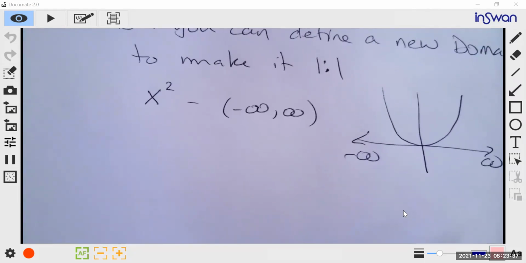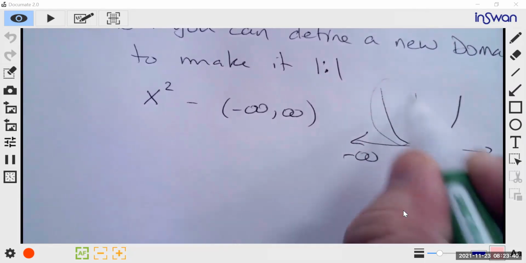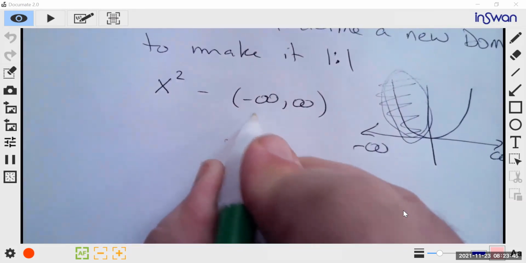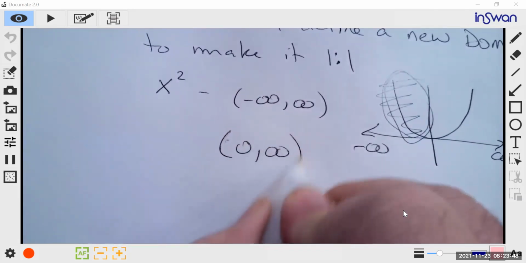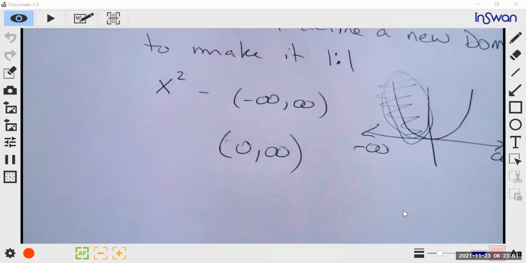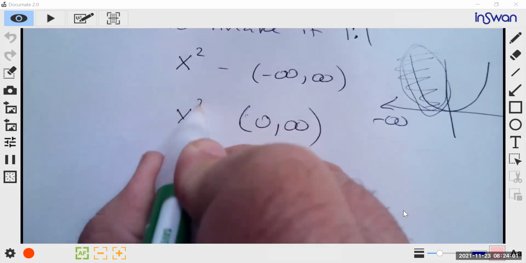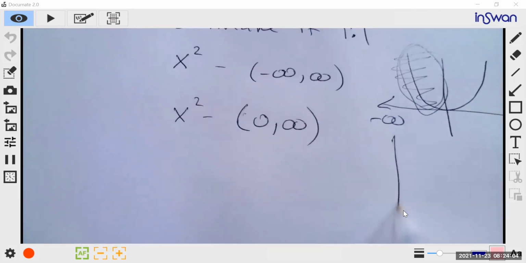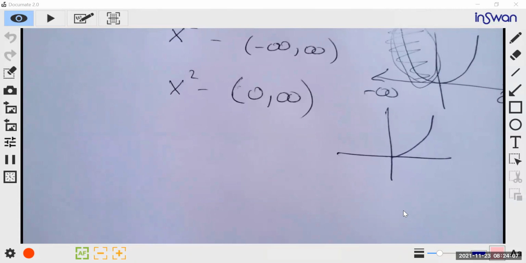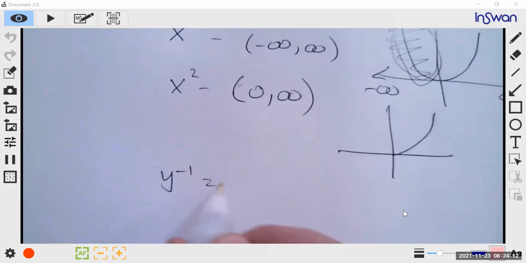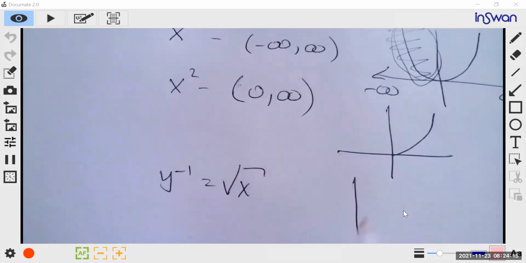But what if we got rid of this side and changed the domain from negative infinity to positive infinity to just 0 to infinity? So now we only look at x squared from 0. So this part here. The inverse of it now would be the square root of x, which is how we remember it.